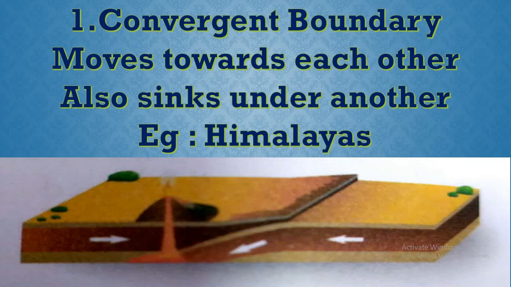You can see the figure over here. The plates slide together, move against each other, and slide up and down. Also one sinks under another. So when there is movement at a convergent boundary, it creates fold mountains. That's how the Himalayas have been formed.